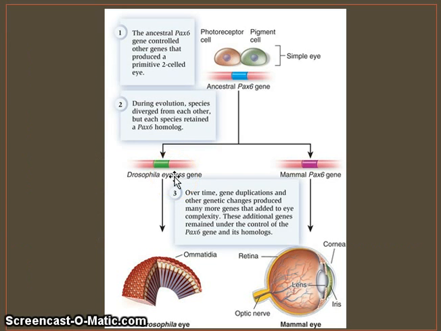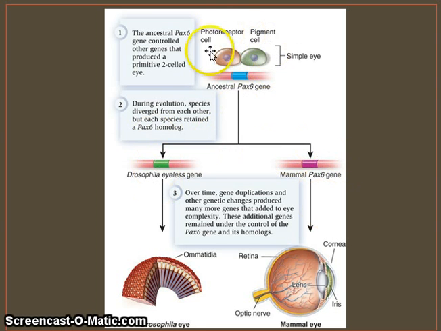And to finish off this presentation, here we have a diagram showing the evolution of the eye. Here we can see genetic changes under the control of the ancestral Pax6 gene, which is located up here, which eventually led to the evolution of different eye types.